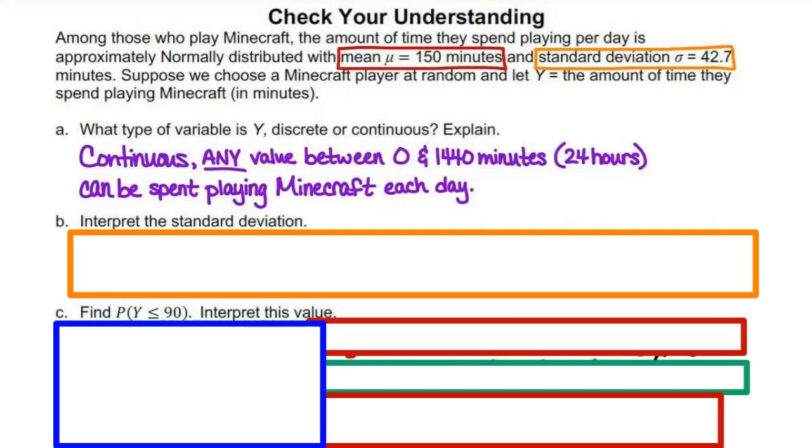Interpreting the standard deviation. What is the standard deviation? They gave it to us on here, 42.7, right? How would you interpret that? What does that 42.7 mean?